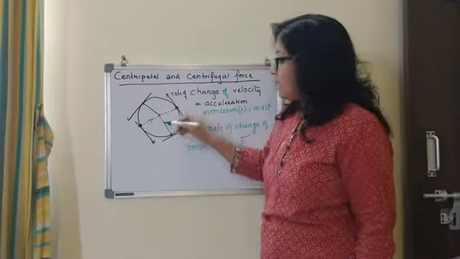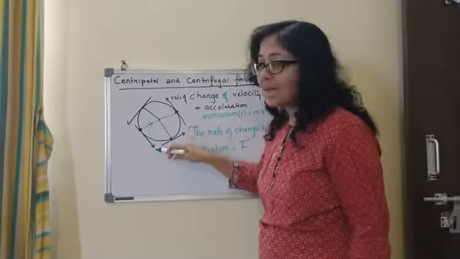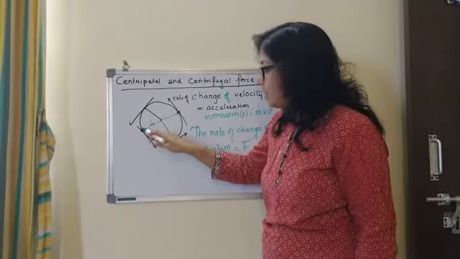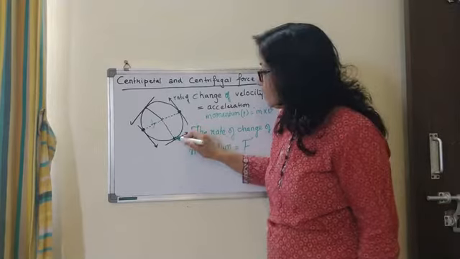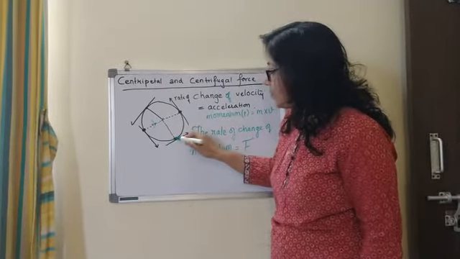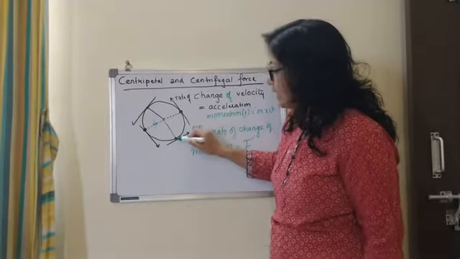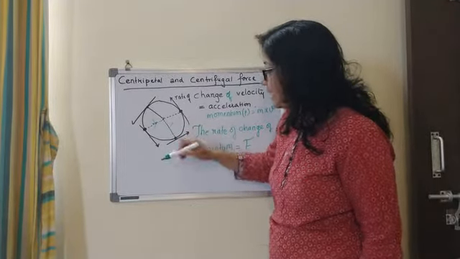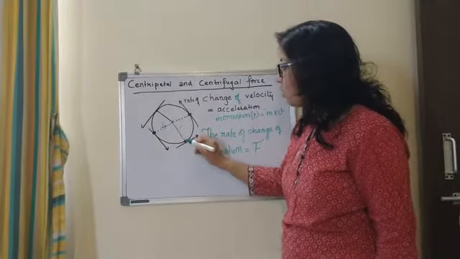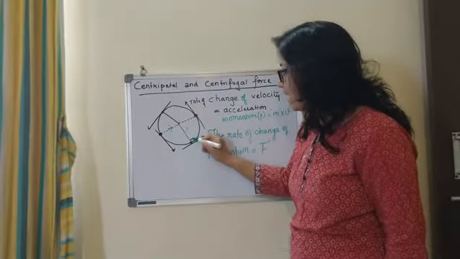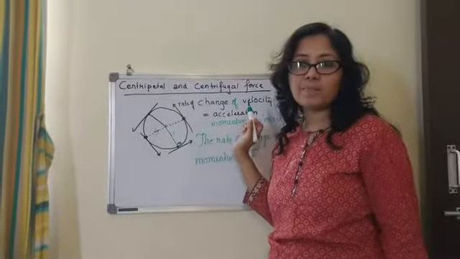Think again. If in case I snap the string, what will happen? The stone will fly this direction. Or if it is coming over here, like it is moving in a circular motion, if it comes over here and then I snap the string, it moves in this direction, almost at 90 degree or in a tangential direction.